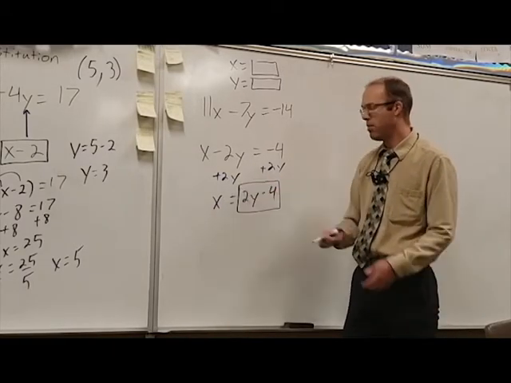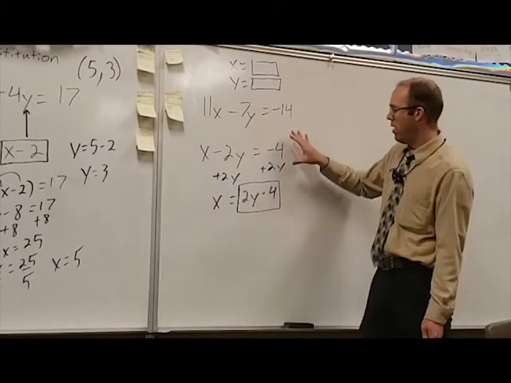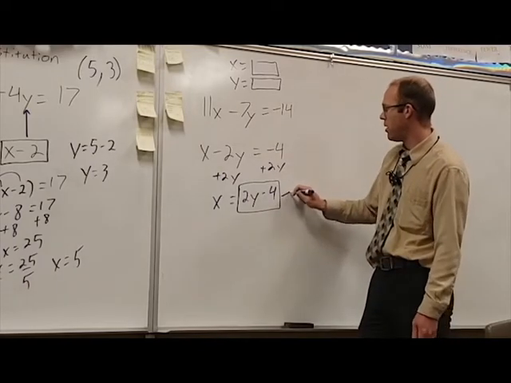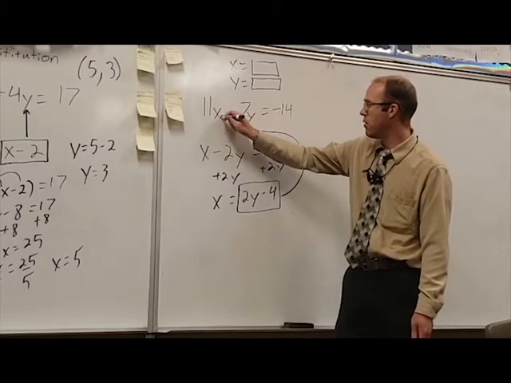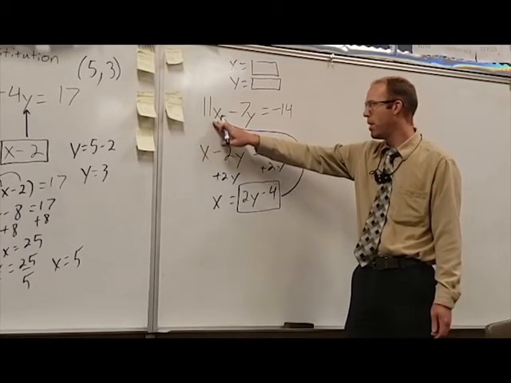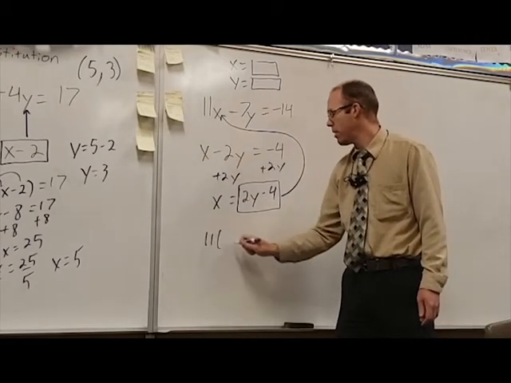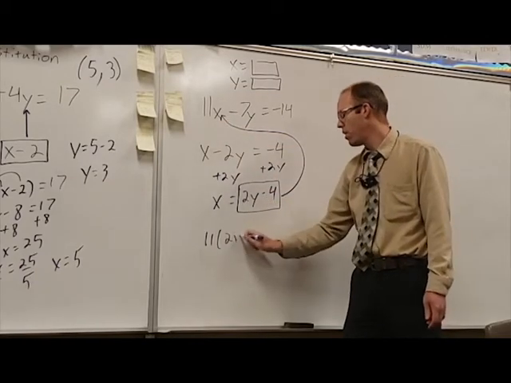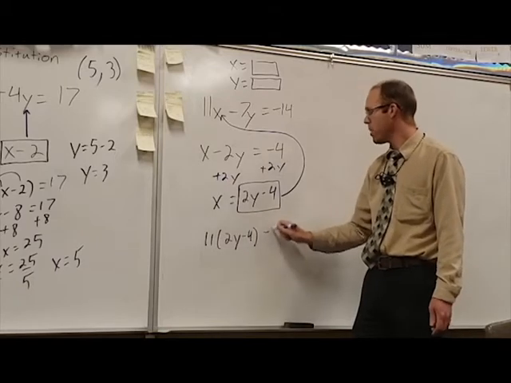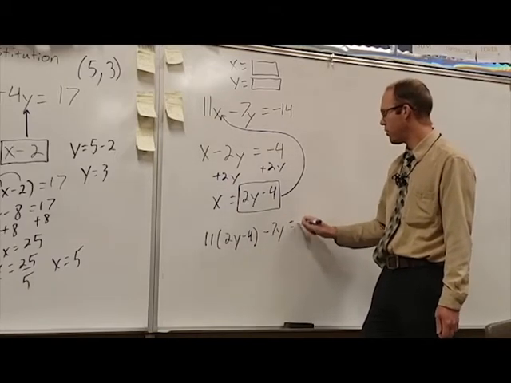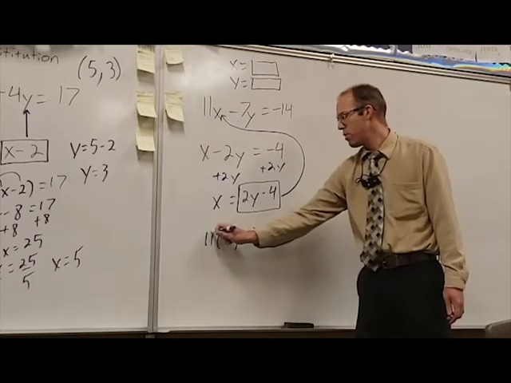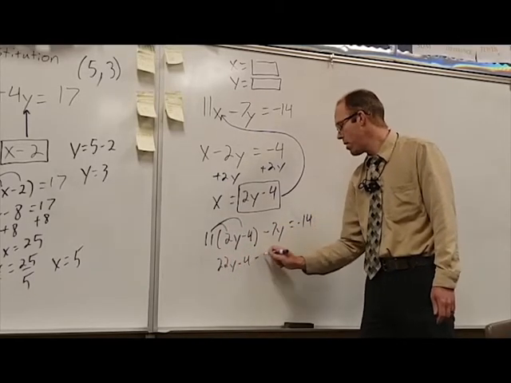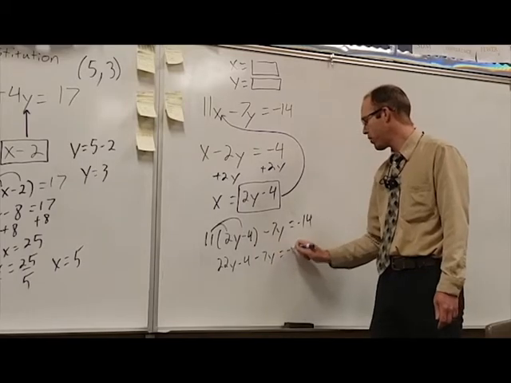Now, one thing that you need to be very careful of with this: if that came from this bottom equation right here, when we substitute, we need to substitute it back into the other equation, the top one right there. So that gives me 11 times, and in place of x, I'm going to write 2y minus 4, minus 7y equals negative 14. Distribute that 11, we get 22y minus 44 minus 7y equals negative 14.